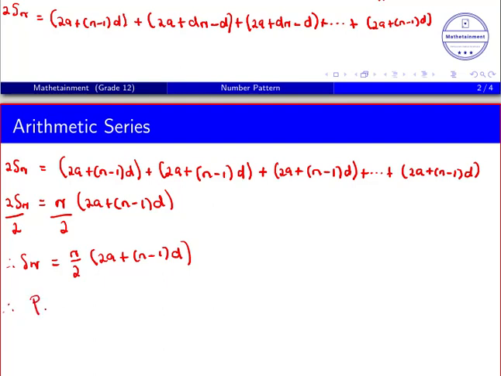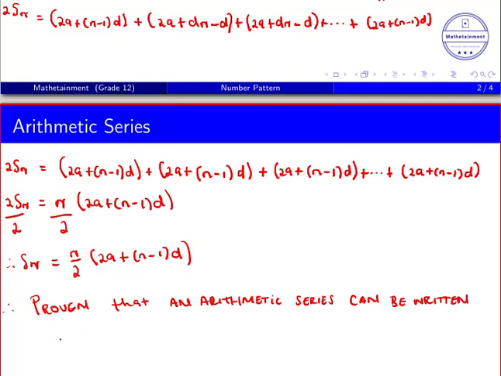Therefore, it is proven that an arithmetic series can be written as Sn is equal to n over 2 times (2a plus (n minus 1) times d).